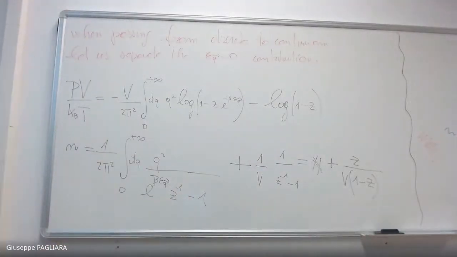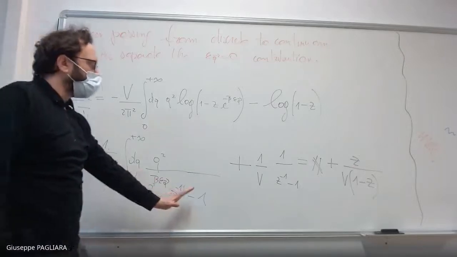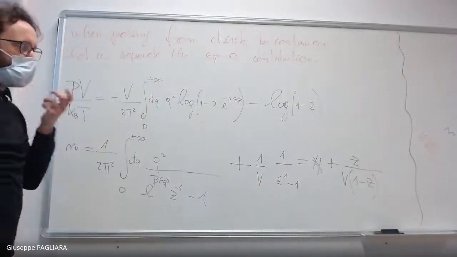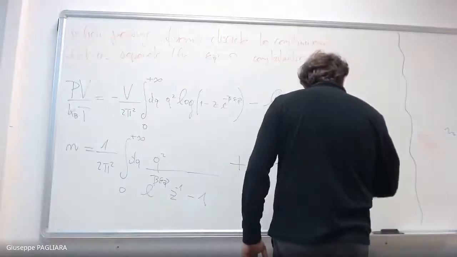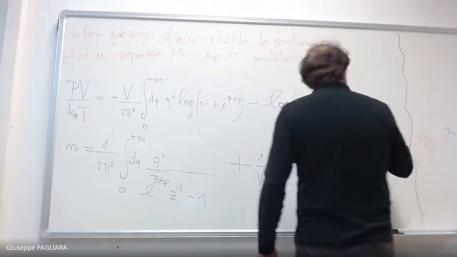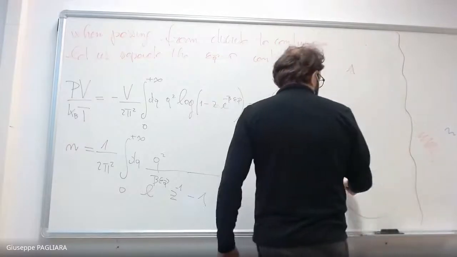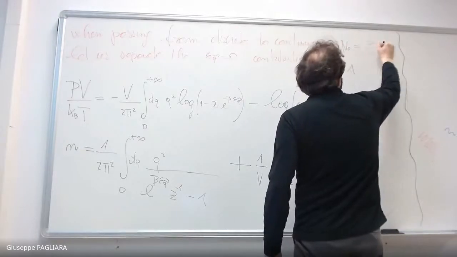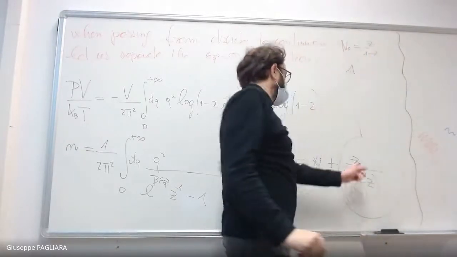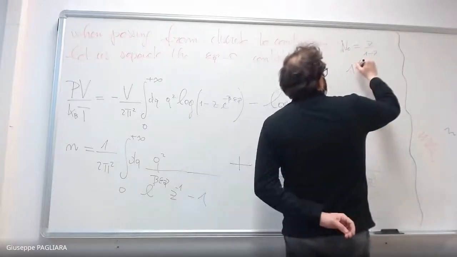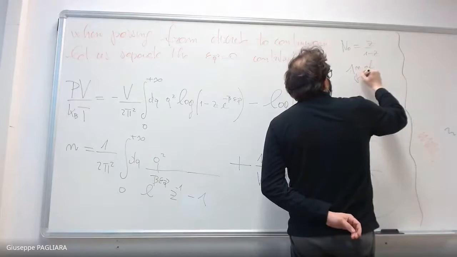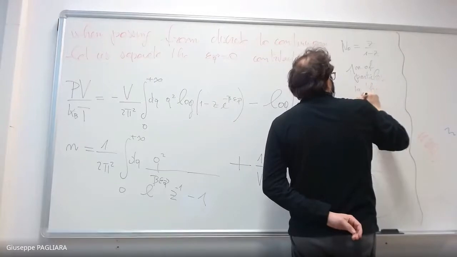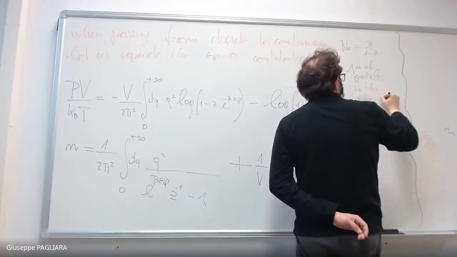Well, the interpretation now is the following. This part comes from the continuum, whereas this part comes from the epsilon Q equal to 0 state, which is the ground state. So I can interpret this quantity, since here I have volume, and 0 equal to z divided by 1 minus z, as the number of particles in the state Q equal to 0.